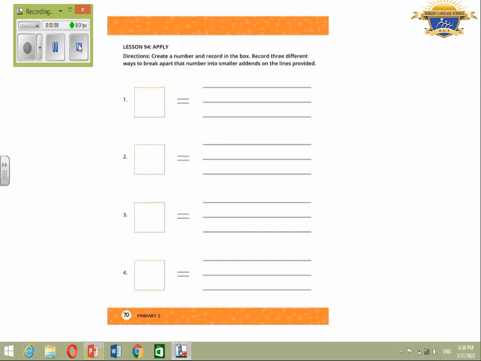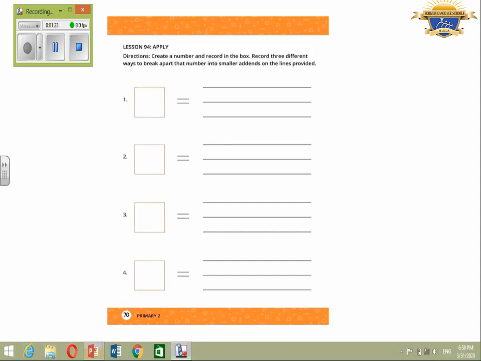Open your book, page 70. Lesson 94. Apply directions. Create a number and record in the box. Record 3 different ways to break apart that number into smaller addends on the lines provided.